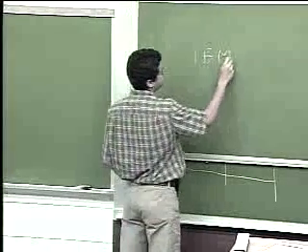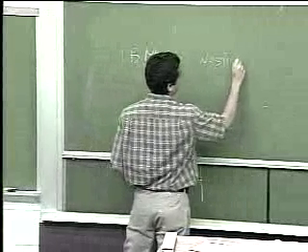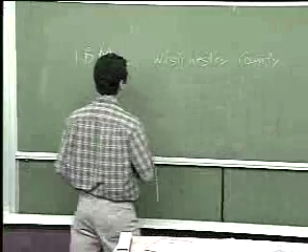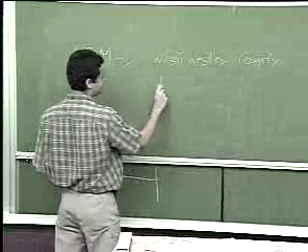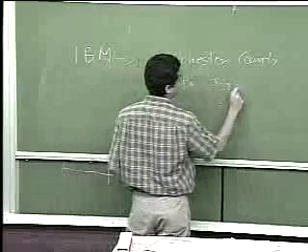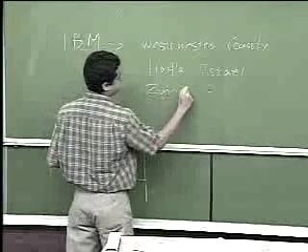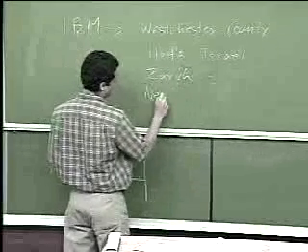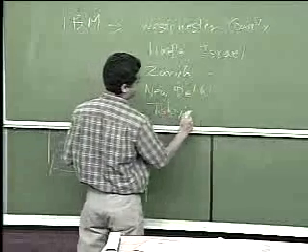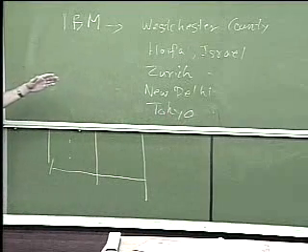So IBM has offices in Westchester County. It has research labs in Haifa, in Israel. Research labs in Zurich, New Delhi. Lots of different locations spread across the globe.